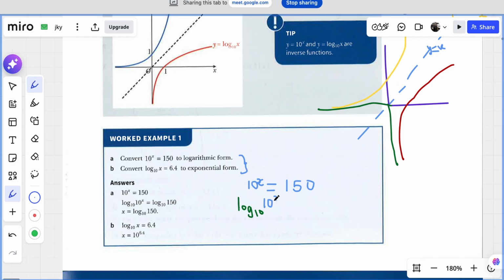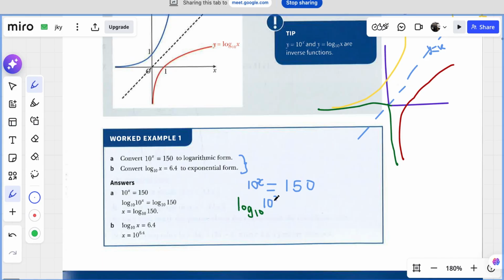To change it to logarithm form, you write log base 10 of 10 to the power of x equals log 80. They want us to convert from this exponential to logarithm, so the x can come to the front. It will be x log 10 equals log 80.